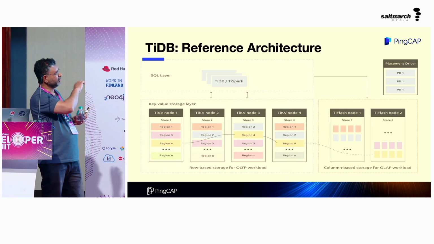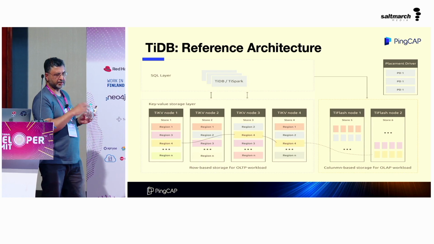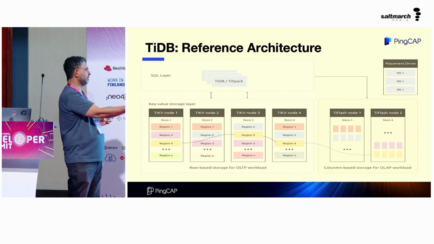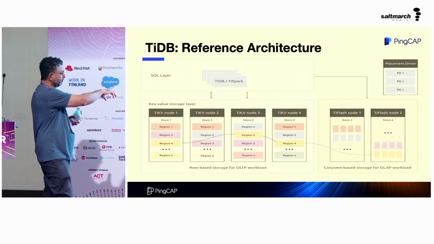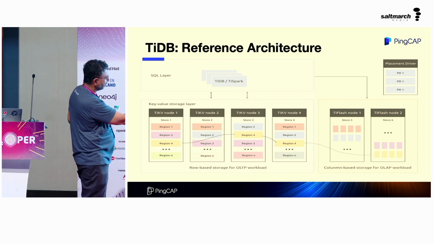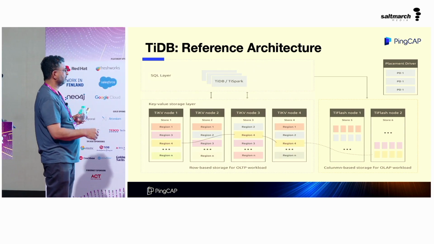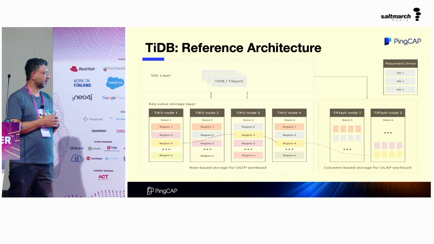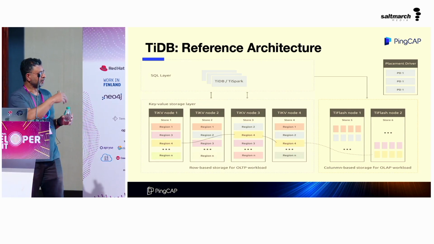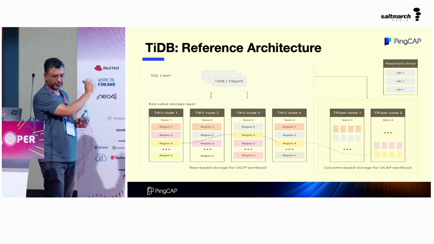TiDB will parse the query. It'll ask PD, okay, these are the regions I'm interested in. PD does the translation. It says you need to go and look for region 1 leader on node 1, region 2 leader on, let's say, node 4. Then it'll go and talk to those and do a parallel fetch and pass down any DAG that's required for the query.